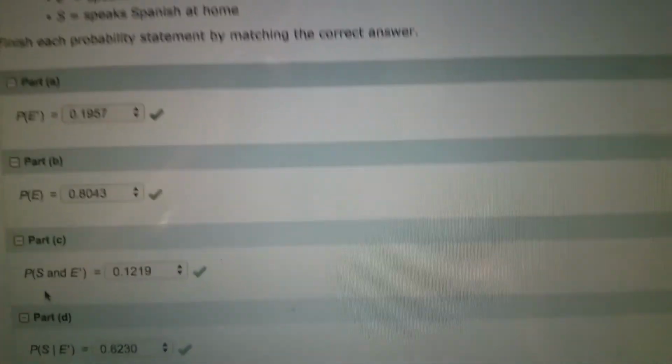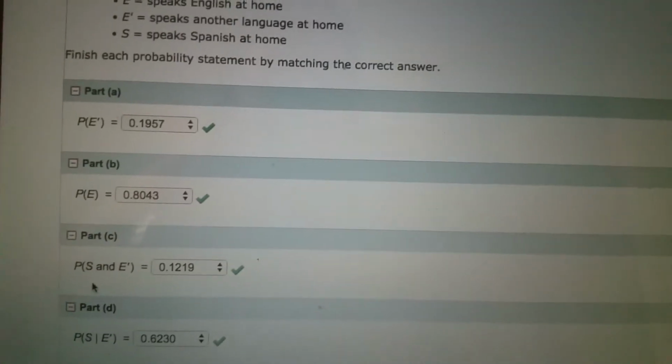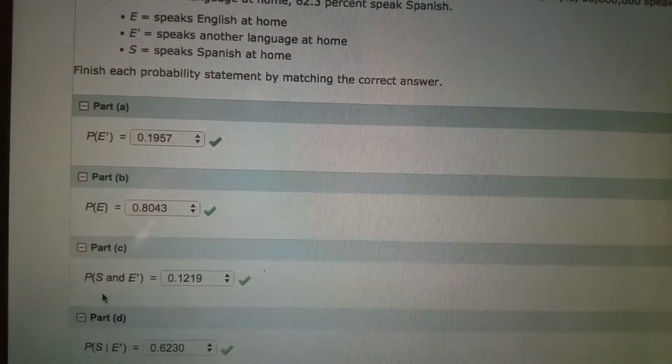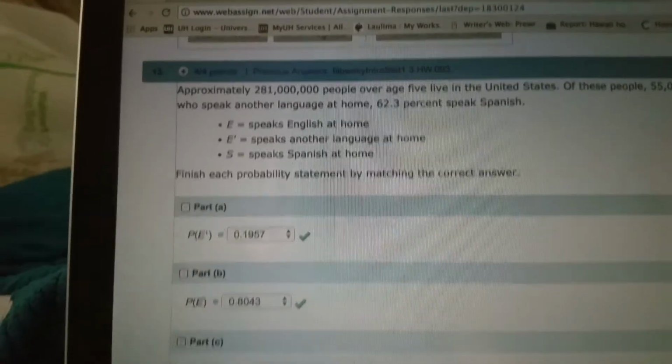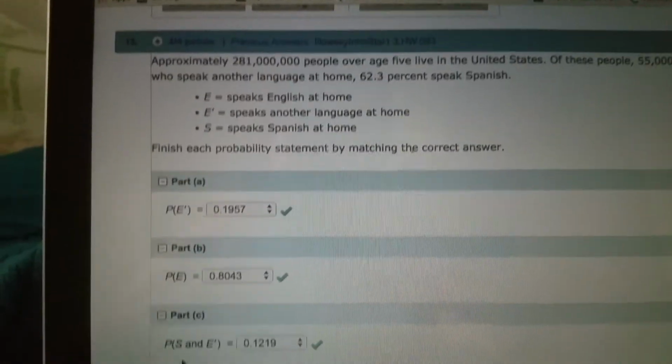Now the probability of those who speak Spanish and do not speak English. Let's do this. I'm trying to think of the best way to do this.